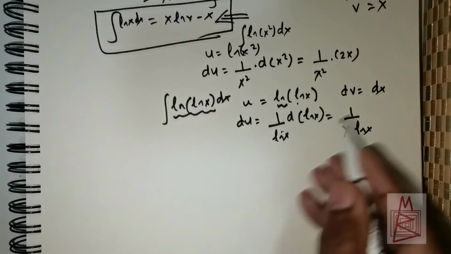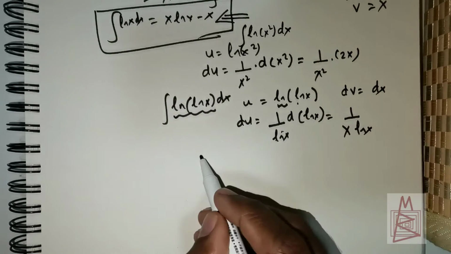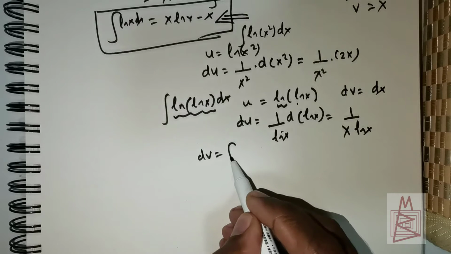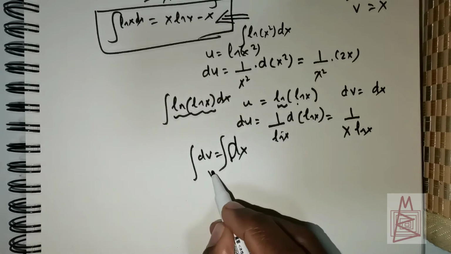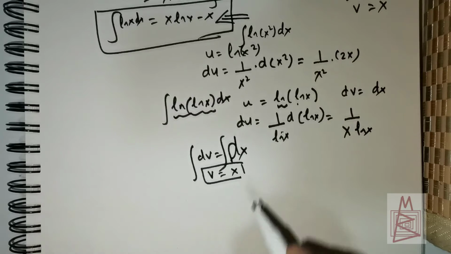Now we know that dv is taken to be dx, and to get v we integrate both sides, so v is x.